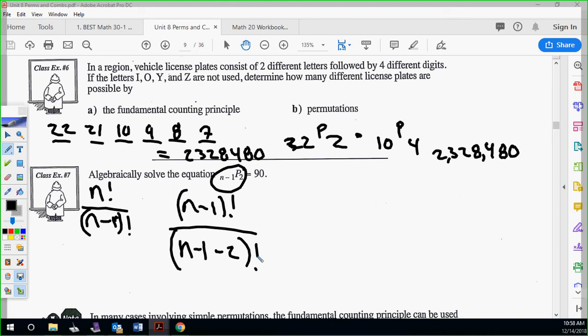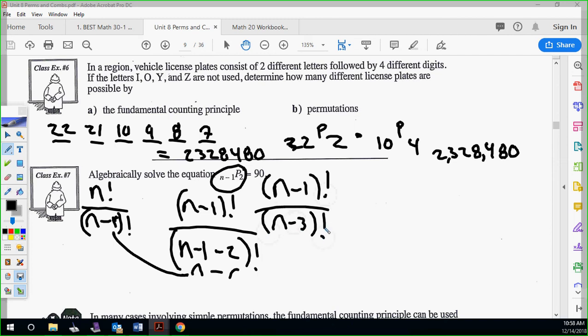What's n? n is n minus 1. What's r? 2. So it's minus 1, minus 2. This right here is the n minus r. So we simplify that: n minus 1 factorial over n minus 3 factorial.